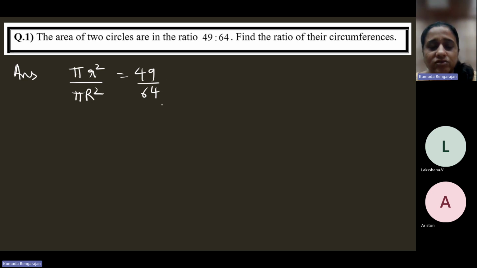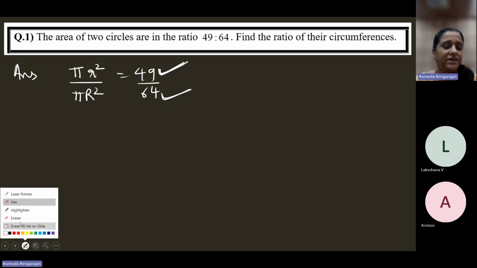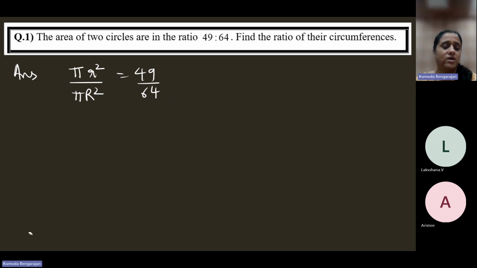49:64 means 49 is the smaller circle, 64 is the bigger circle. From the ratio, you can make out that the numerator represents the smaller circle, the denominator represents the larger circle. So I've used small r for the smaller circle and capital R for the larger circle. And area is given by the formula pi r square. So pi r square by pi R square is equal to 49 by 64. Pi gets cancelled.